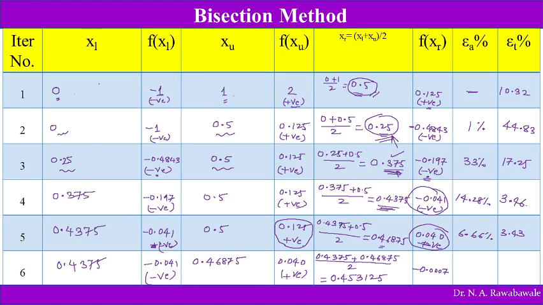So if we want to find the approximate error, this is the previous approximation and this is the revised approximation.